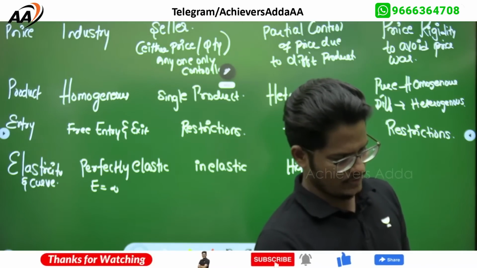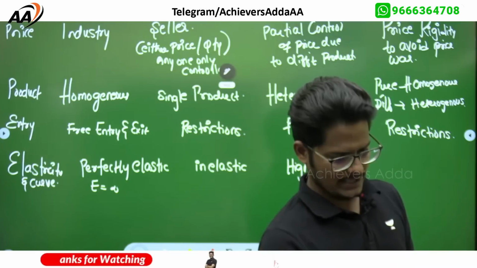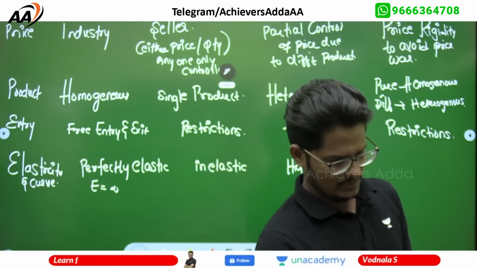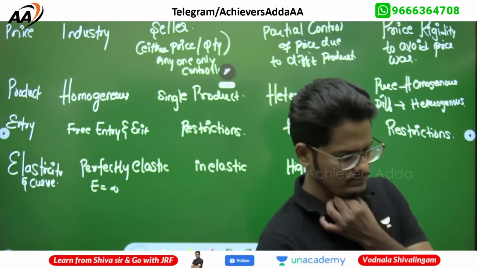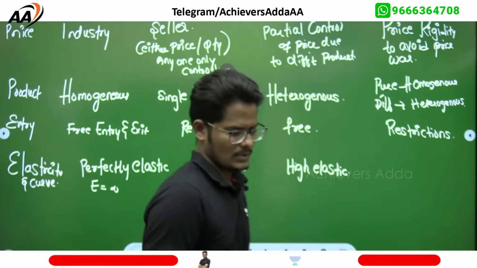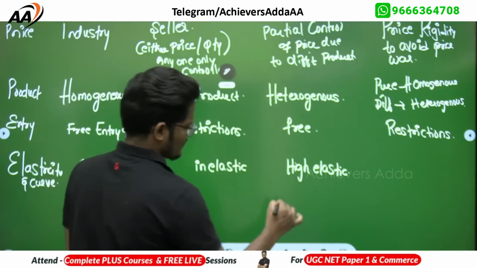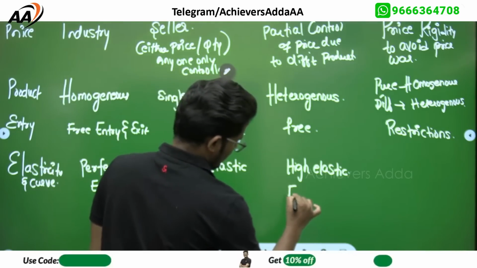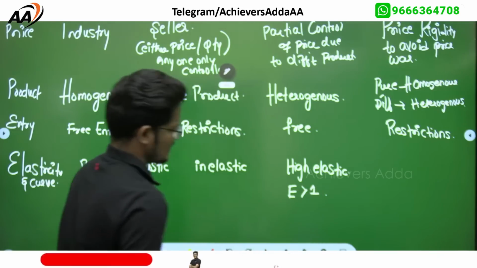Here there is usually a downward sloping demand curve in both monopoly and monopolistic, but monopolistic is downward sloping and more elastic in nature. Relatively elastic. This is E more than 1, right?